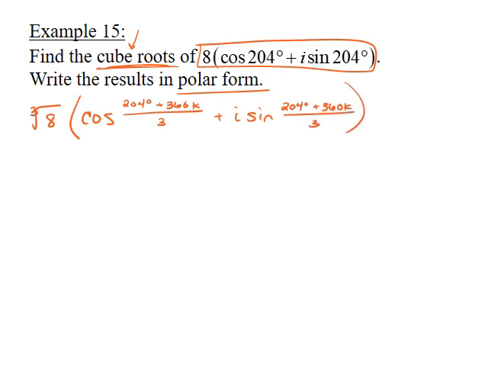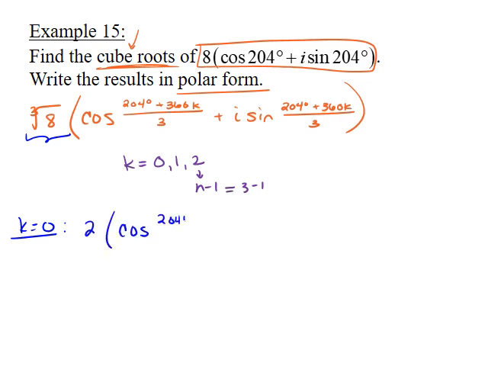Since we are finding the cube root, we are going to plug in 0, 1, and 2, because 2 is n minus 1, in this case 3 minus 1, which is 2. So if k is equal to 0, plugging this in, this is 2, so I have 2 times cosine of 204 degrees plus 0, because 0 times 360 is 0, divided by 3, plus i sine of 204 degrees divided by 3.